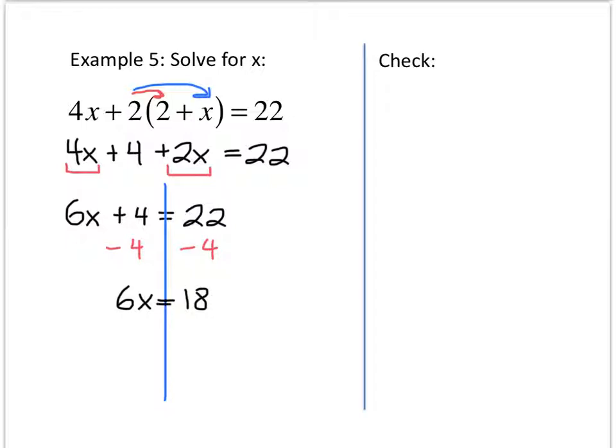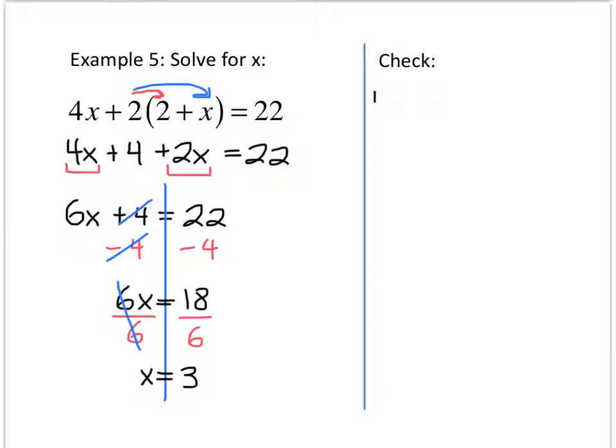And again, I notice that 4 and negative 4 are inverses. They add to 0. And then I have the 6 times the x. I'm going to do the inverse of multiplication to both sides, which is division, leaving me with x equals 3. Again, noticing that 6 divided by 6 divides to 1, and we don't need to write multiplication by 1. So I can now check this.